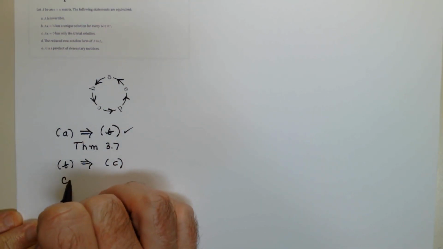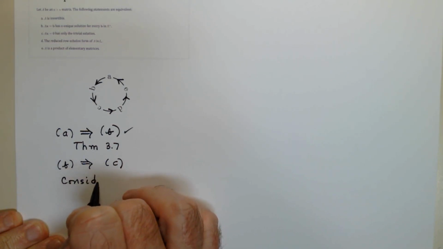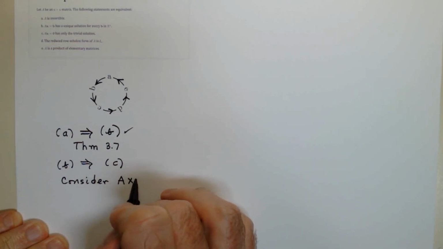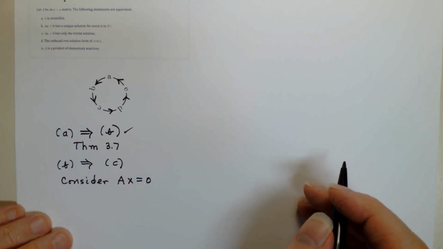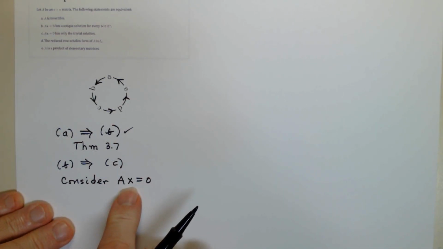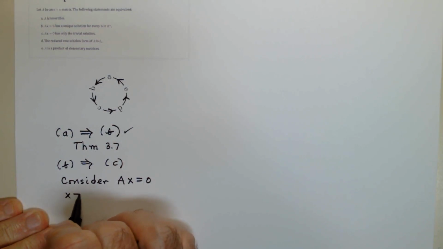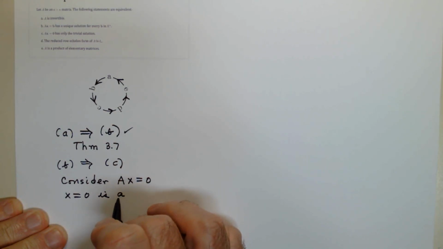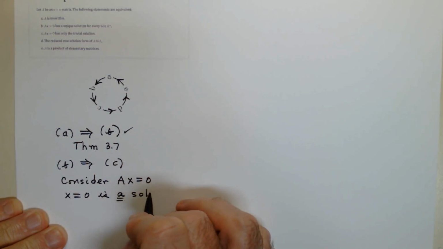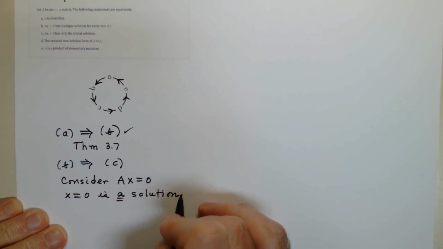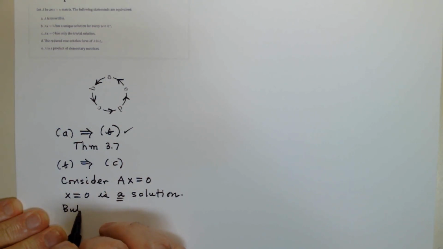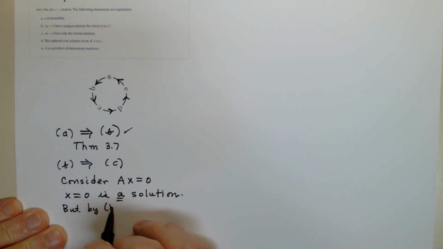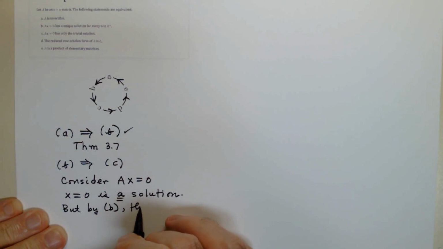We could say, consider the equation AX equals 0. We know that there's one solution, namely the 0 vector. So x equals 0 is, we would say, a solution. But by B, this solution is unique.